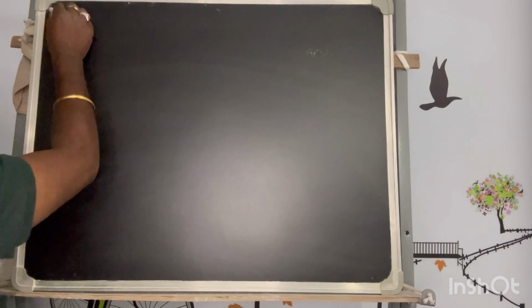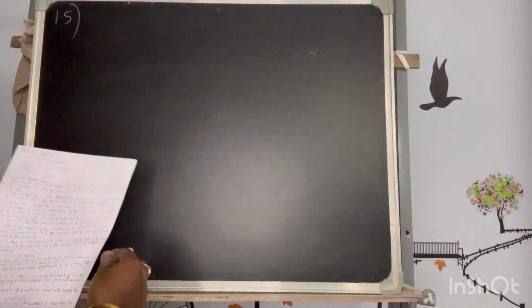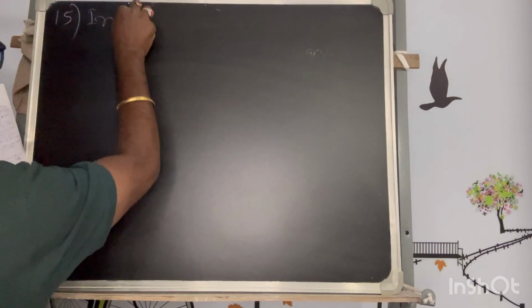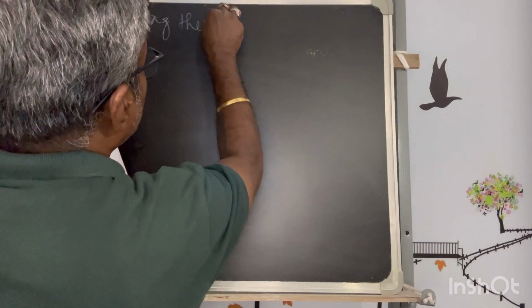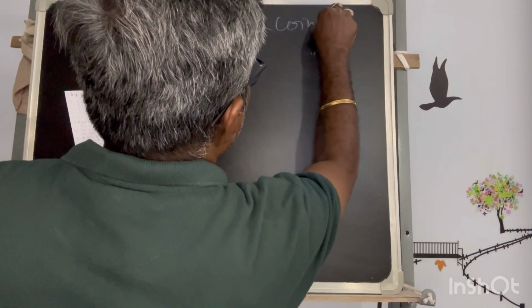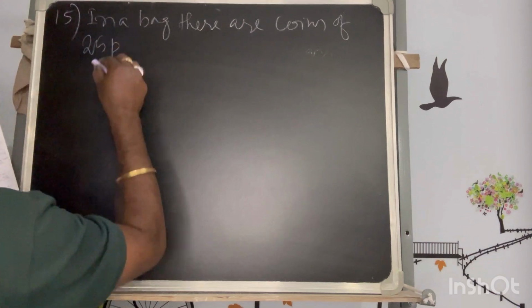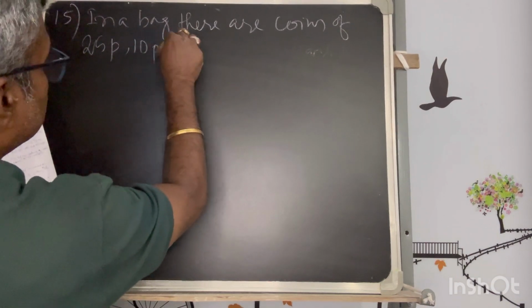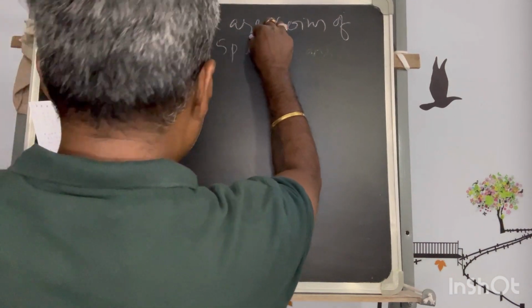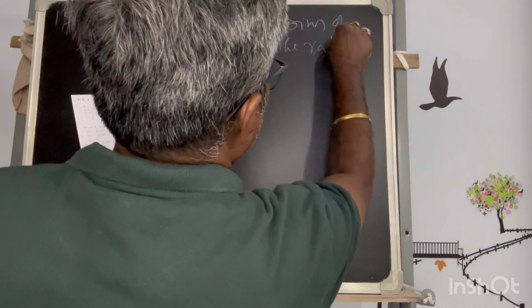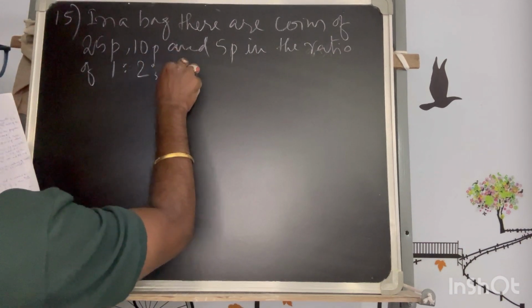Question number 15. In a bag, there are coins of 25 paisa, 10 paisa and 5 paisa in the ratio of 1:2:3.